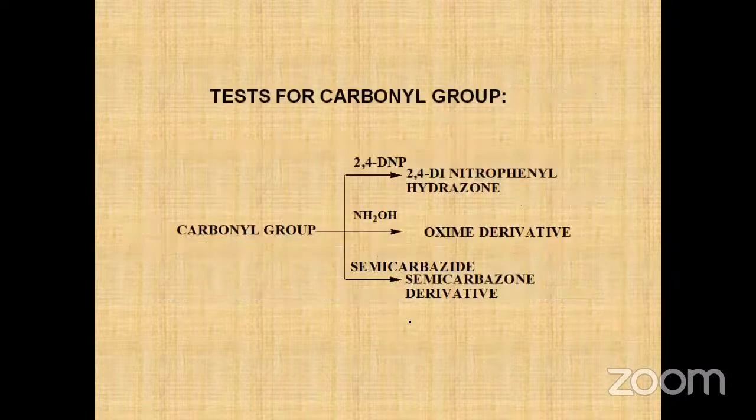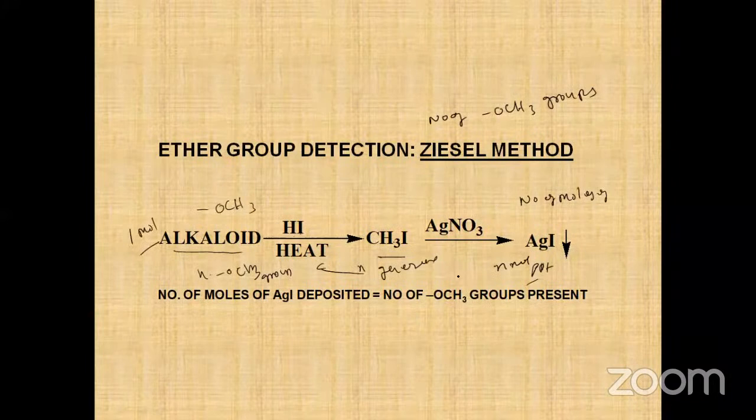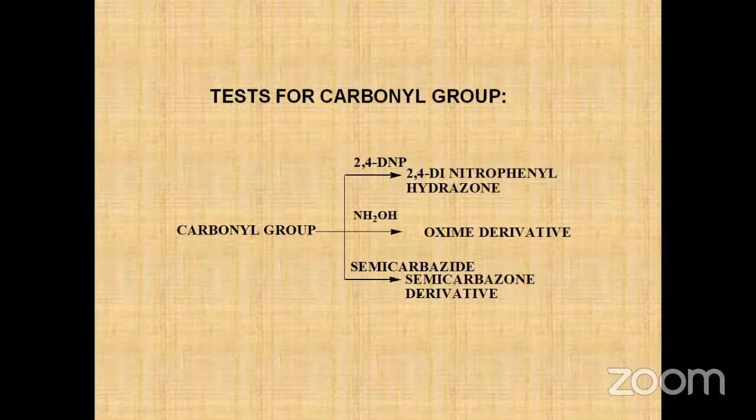This is very important for estimating the number of OCH3 groups in an alkaloid. Next, tests for the carbonyl group. Carbonyl compounds are aldehydes and ketones.